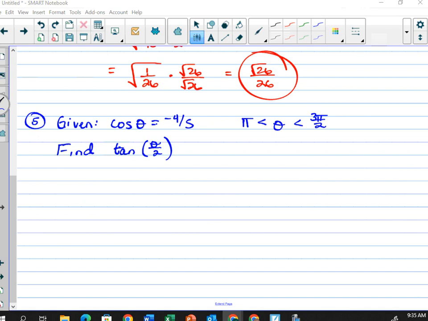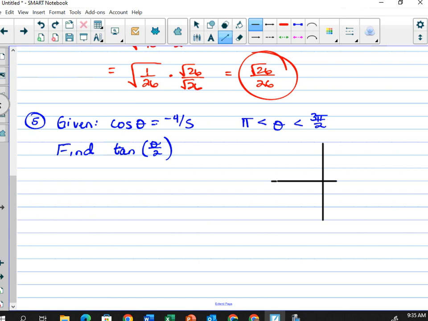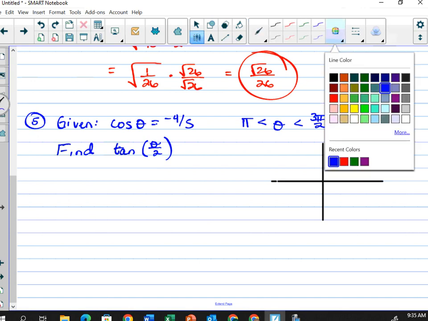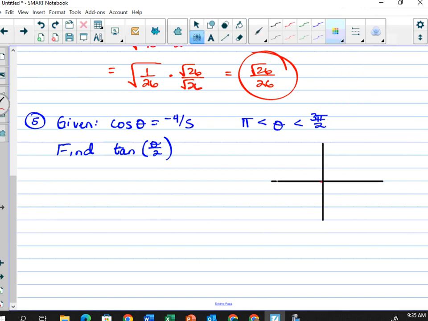How's your triangle drawing going, guys? Great. What quadrant is it in to begin with? Where is theta over 2?